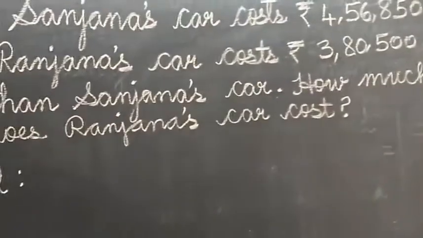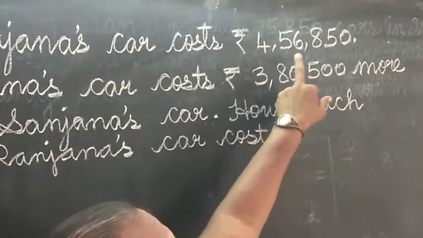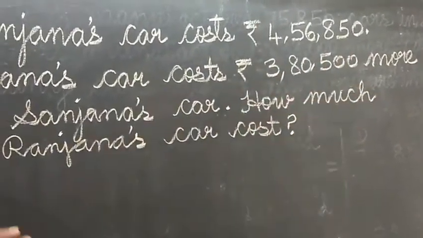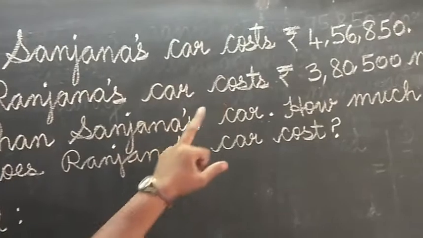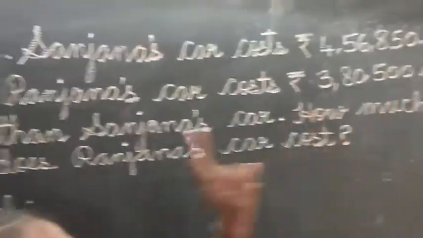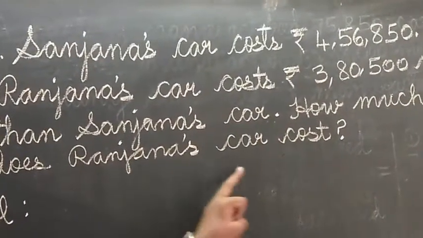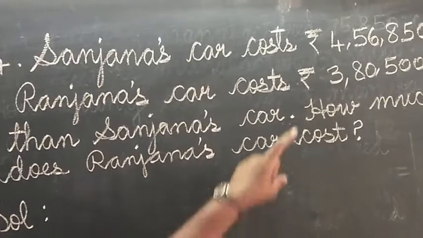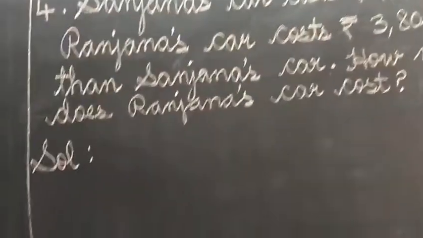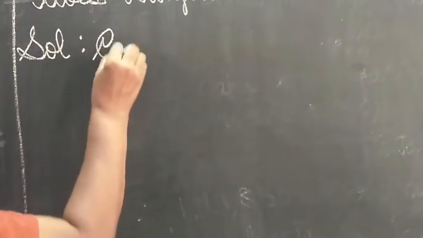Okay children, once again I'll read. Sanjana's car cost rupees 4,56,850. Ranjana's car cost rupees 3,80,500 more than Sanjana's car. How much does Ranjana's car cost? Okay children, so you have to add both the rupee amounts, then only we can find the cost of the car.